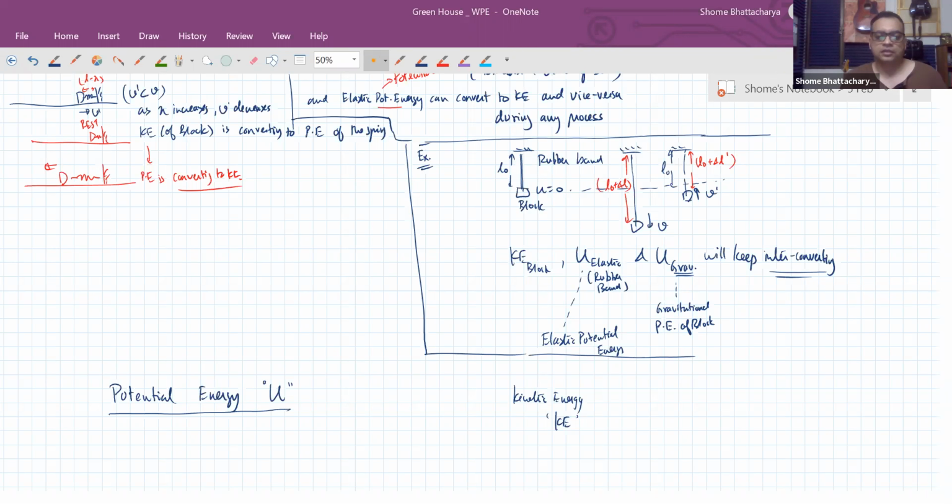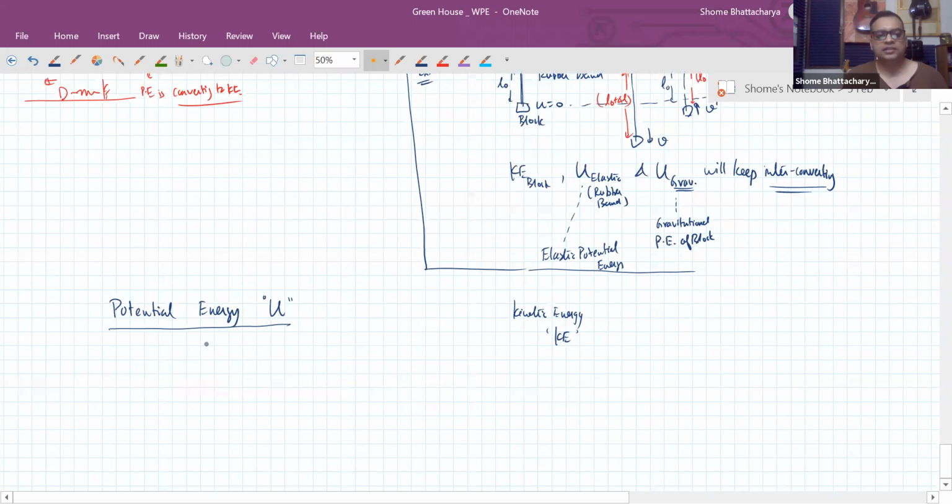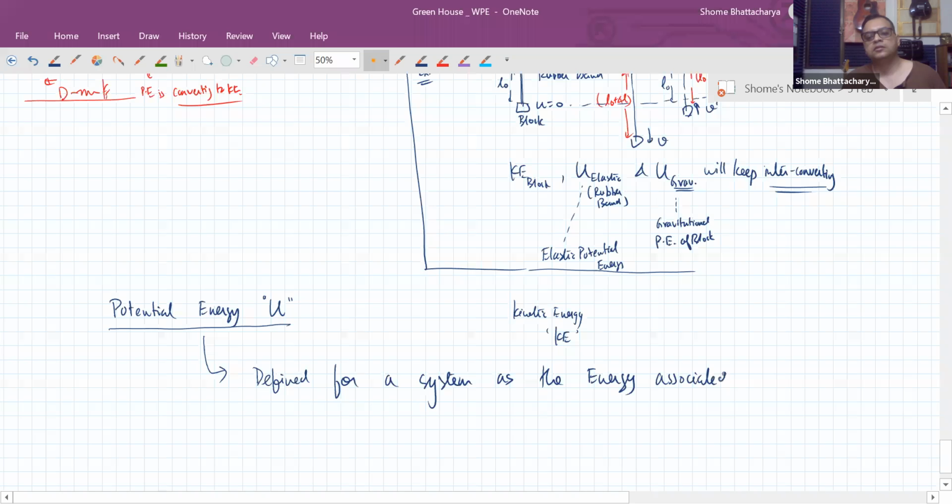So anyway, potential energy, we saw, is defined for a system as the energy associated with its state, or configuration.